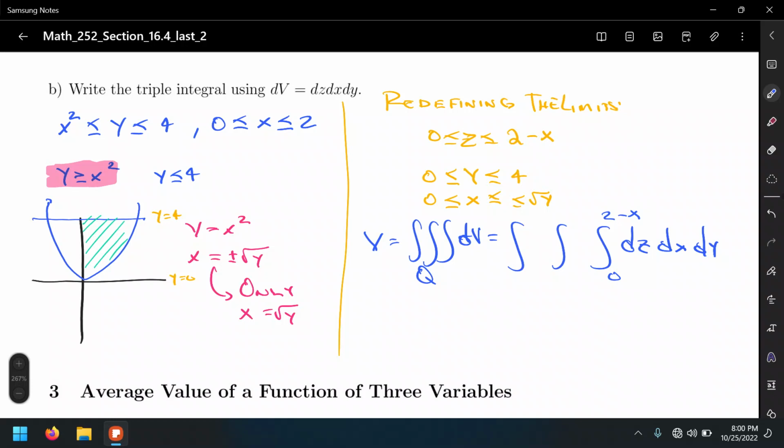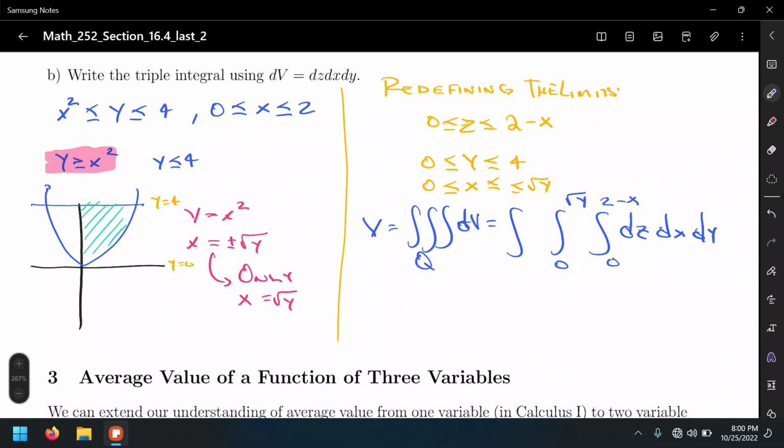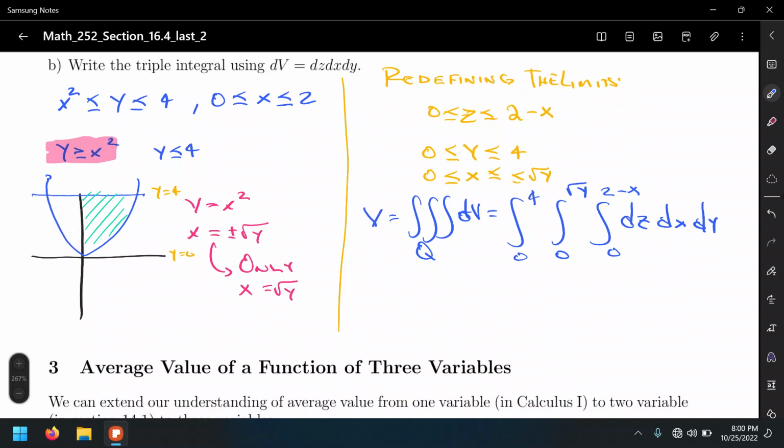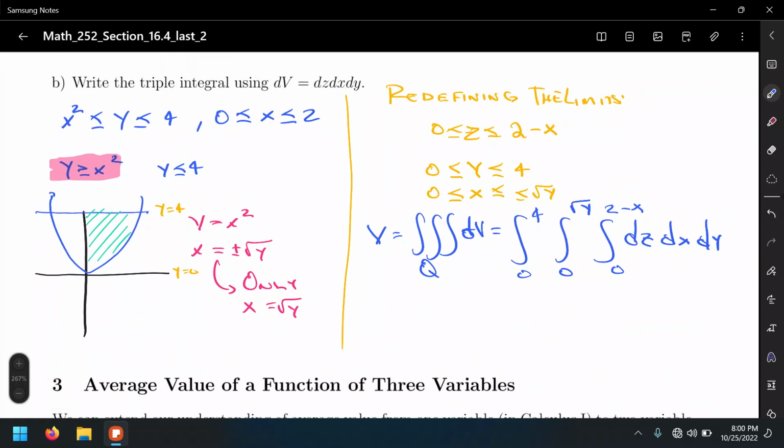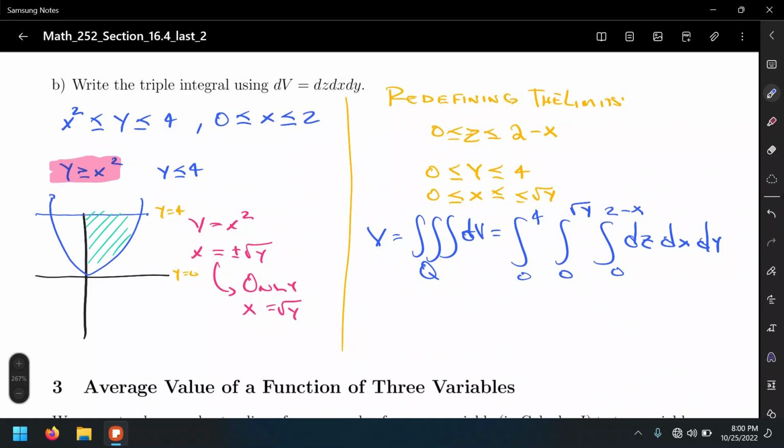And the limit with respect to x, careful, because that's the next variable, is from 0 to the square root of y. And y varies between 0 and 4. So all we did is change the function y, which depends on x, to a function of y, and reverse those limits. The limits with respect to z remain the same.